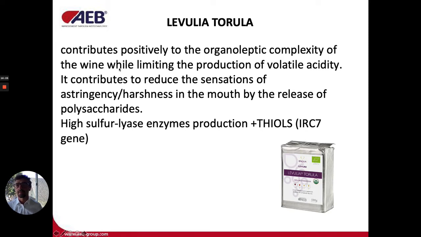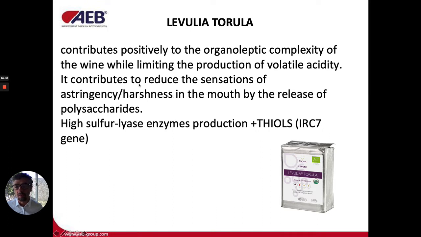It also has the characteristic of releasing polysaccharides and amino acids. That means a very easy lysis of the yeast, so the release of, say, the guts of the cell. So, of course, the release of polysaccharides will contribute to reduce the sensation of astringency or harshness in the mouth.